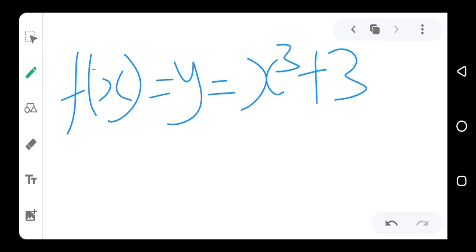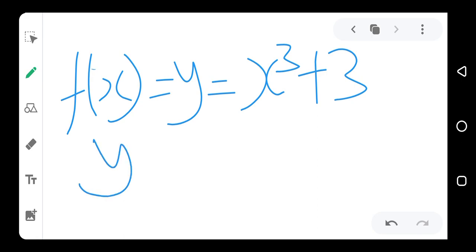Okay, f of x is equal to y, and the y is equal to x raised to the power 3 plus 3. Now making x the subject of the formula, we are going to take 3 to the other side of the equation.